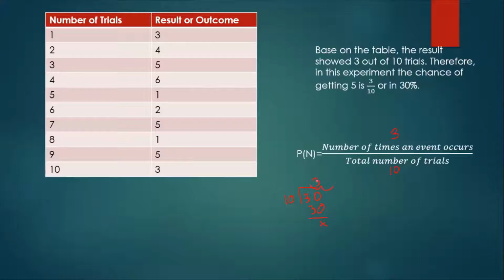Okay? Just fill the missing place with 0, and then we add our percent symbol. So that's why we have 30%. The chance of getting a 5 out of our 10 trials is 30%.